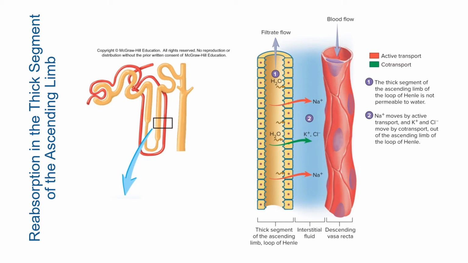And then active transport is for your sodium ions. The thick segment of the ascending limb of the loop of Henle is not permeable to water. So as you see, there's no flow of water from the thick segment going to our vasa recta. And that's actually how the absorption of the filtrate is happening in the thick segment of the ascending limb.